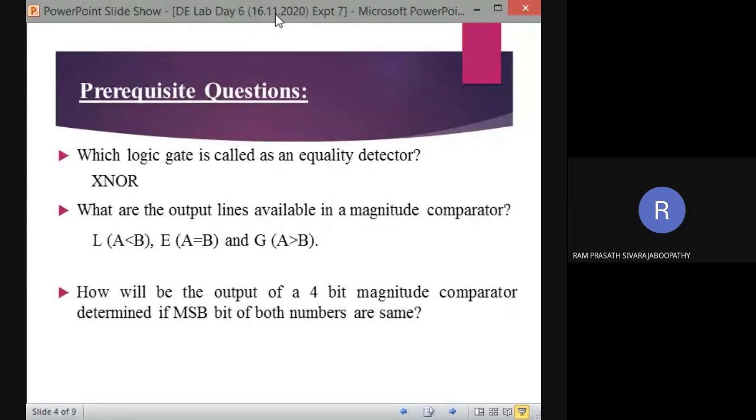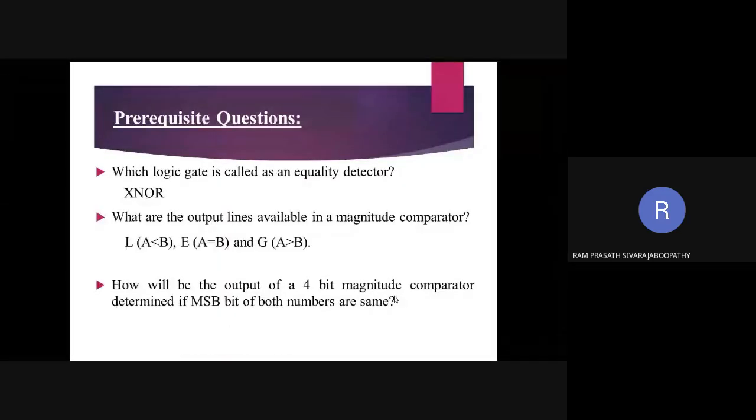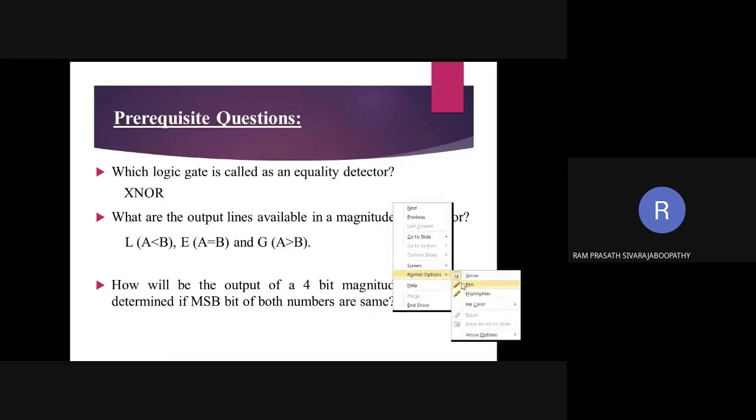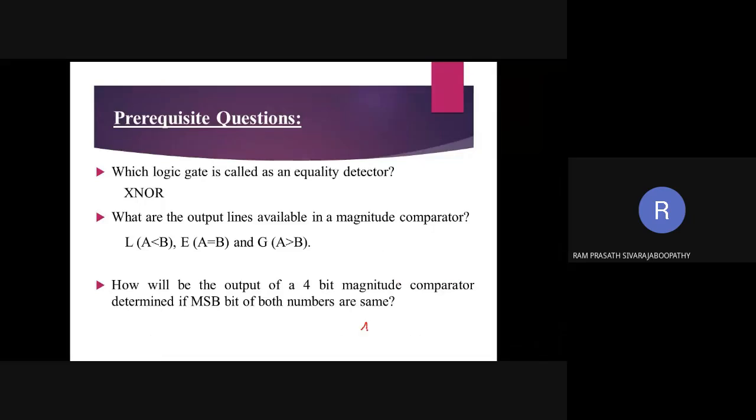How will be the output of a 4-bit magnitude comparator determined if MSB bit of both numbers are same? You consider two numbers A, which can be represented as A3, A2, A1, A0.